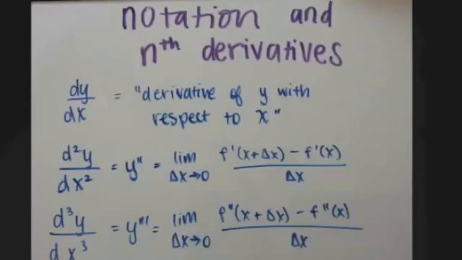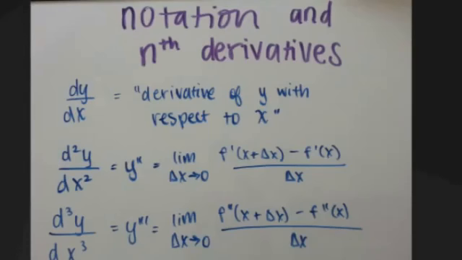We can take the second derivative, or d squared y over dx squared, by taking the limit as delta x goes to 0 of f prime of x plus delta x minus f prime of x over delta x. This can also be called y double prime, or y with two tick marks next to it.